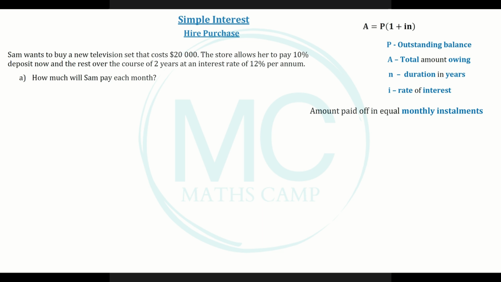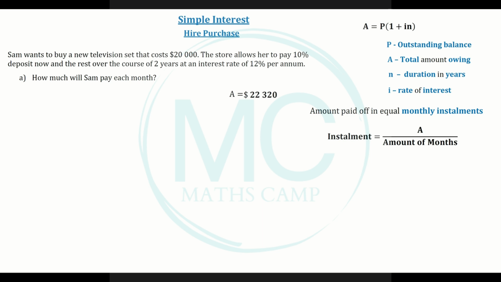To find the amount that needs to be paid in each installment, we take A, the total amount owing, and we divide it by the amount of months given in the time frame. We have just found that Sam owes the store $22,320. This is our A value.